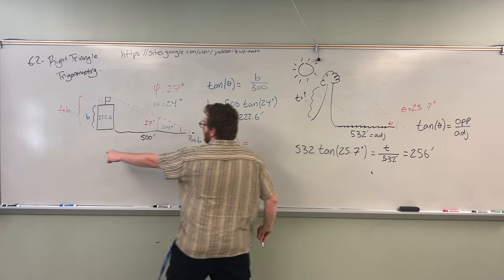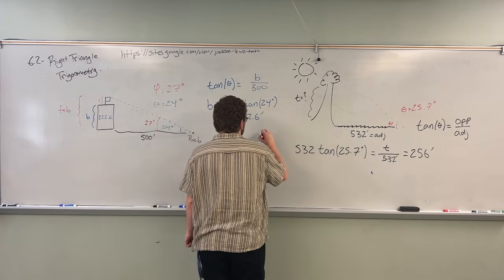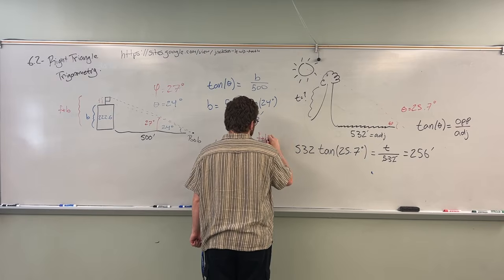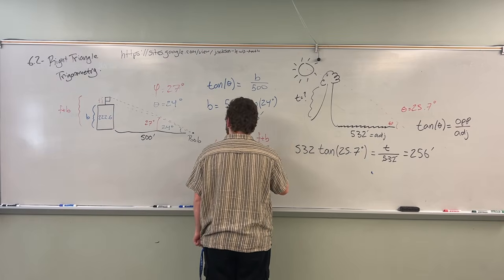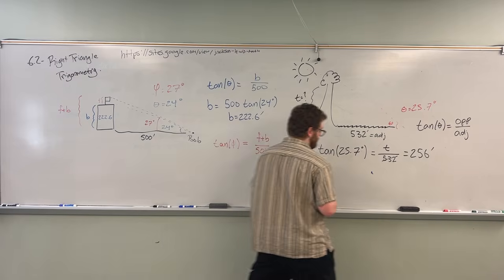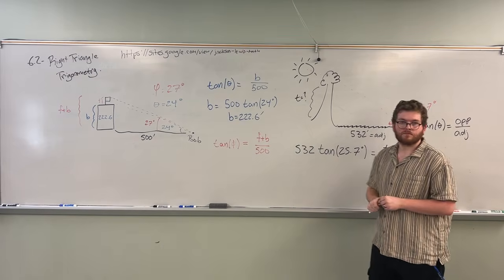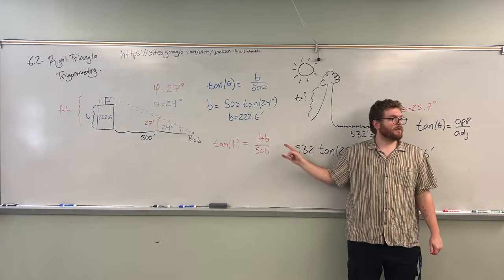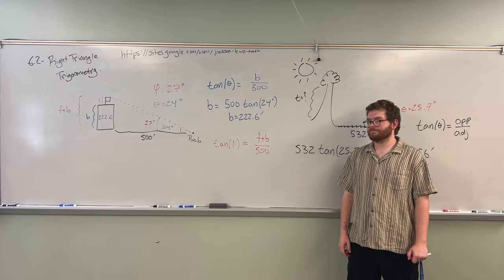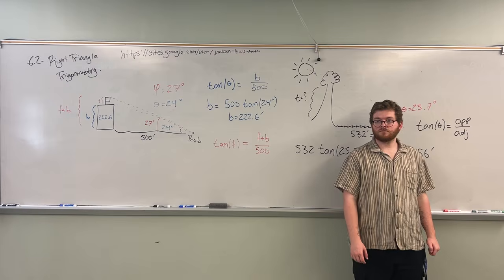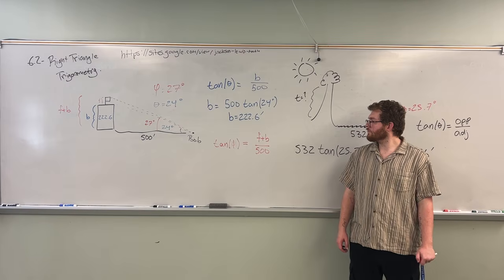Equals all of this now, so F plus B divided by the adjacent side, which is 500. So anyone confused by where any of this came from? If you are, please raise your hand and I can rewrite it. Cool.